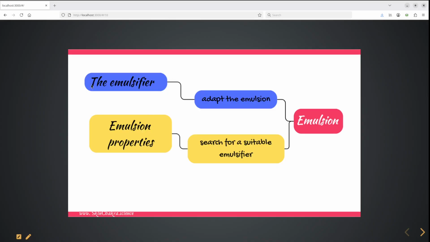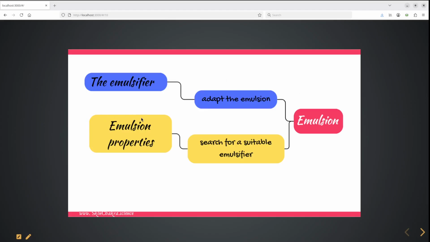Either you have an emulsifier at hand, let's say you have received a sample from a supplier, or you are interested in an emulsifier or read about it in a blog post. You take that emulsifier and you create an emulsion that matches the properties or requirements of that emulsifier. This approach is very common in the small scale and artisanal scale.